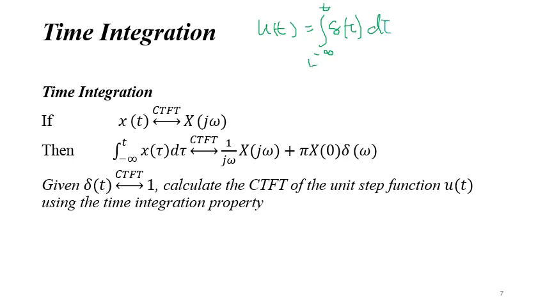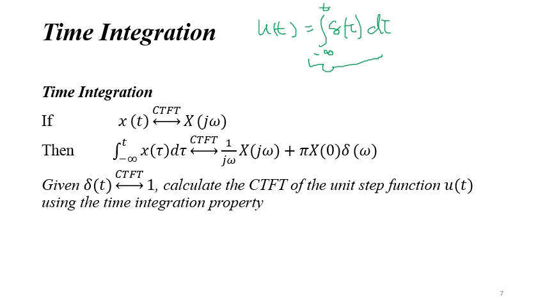So that is the relationship between the step function and the impulse function. You have done this in the first part of the course. I hope you also understand the relationship between the discrete-time impulse and discrete-time step. There we use a running sum, so it will be the summation from minus infinity up to n.